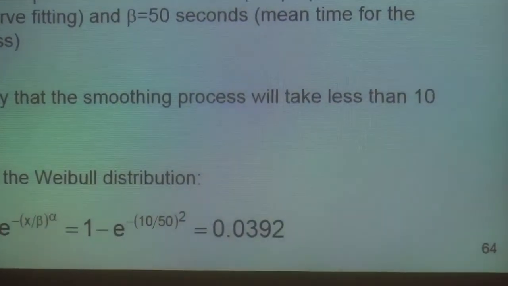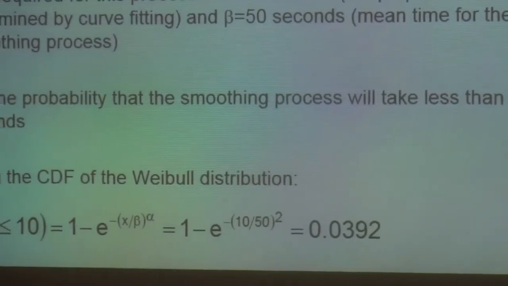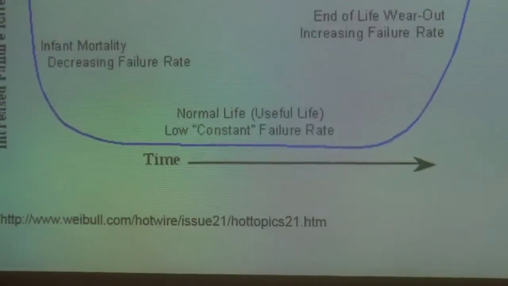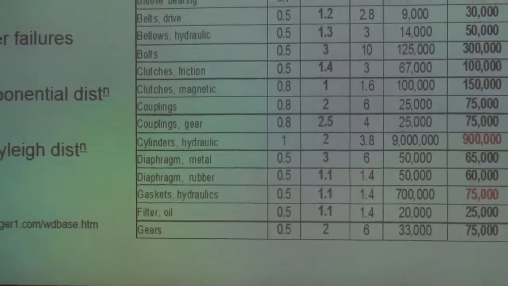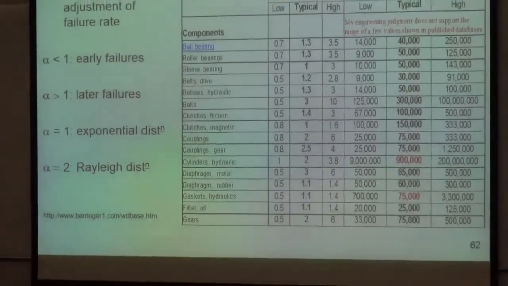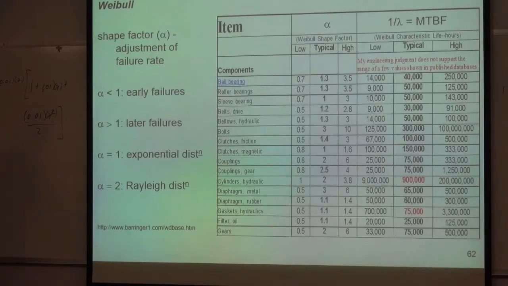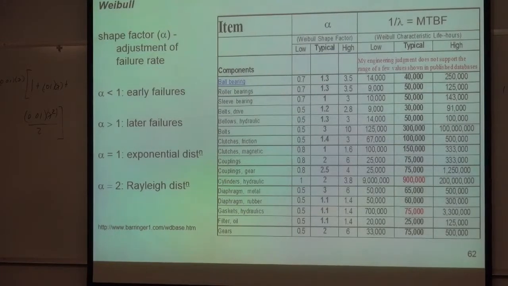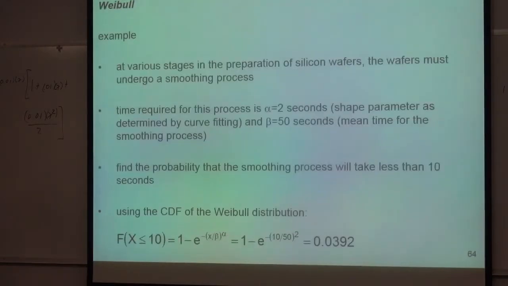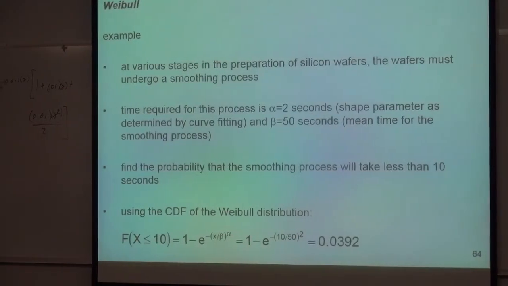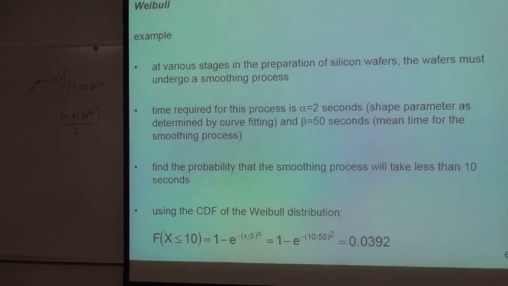But what would be best, if you want to understand the probability of failure, is to go back to where data have been collected on the shape and scale parameters, and use that as the probability of failure in a certain amount of time. But really what you're interested in, as before, is the probability of failure in a certain time period.